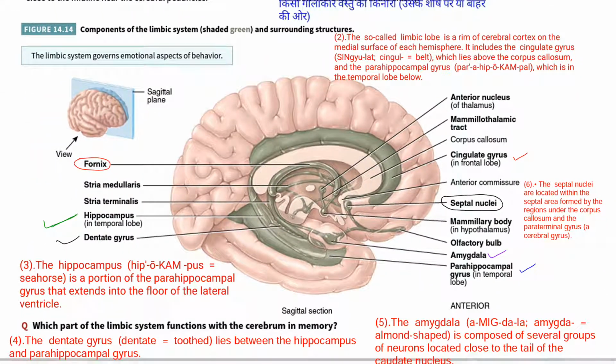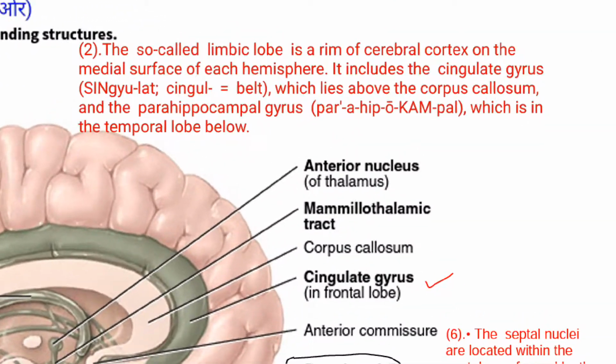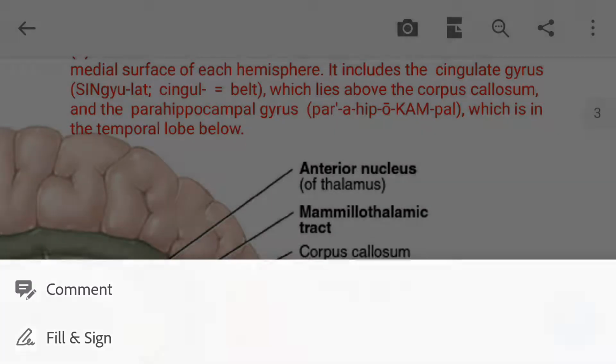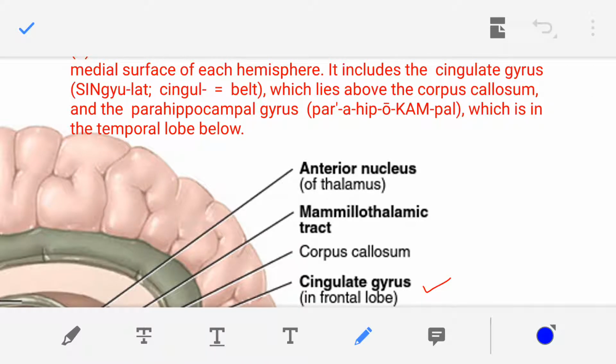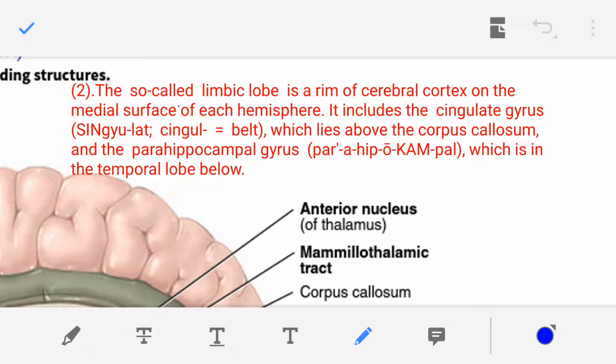Here in the second point we are discussing the limbic lobe, the components of the limbic lobe, what the limbic lobe is made up of. There are two structures: cingulate gyrus plus parahippocampal gyrus, and these two make the limbic lobe.